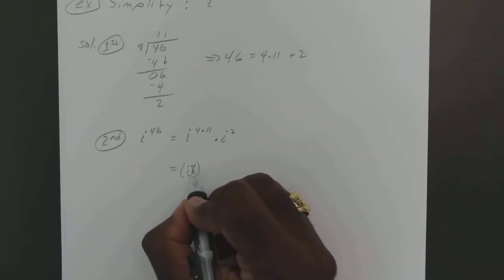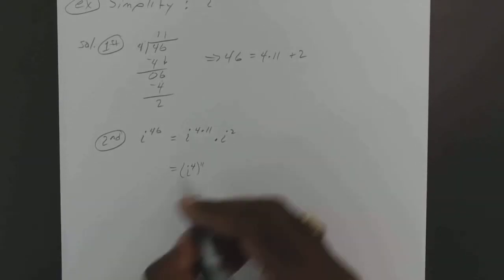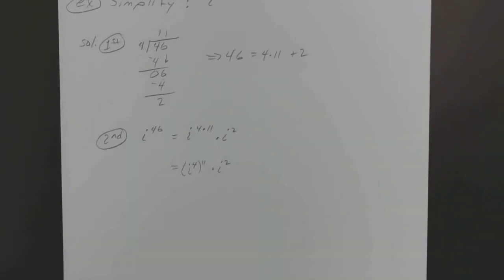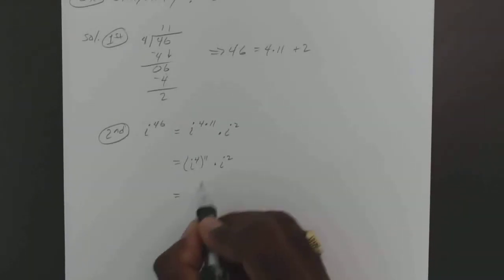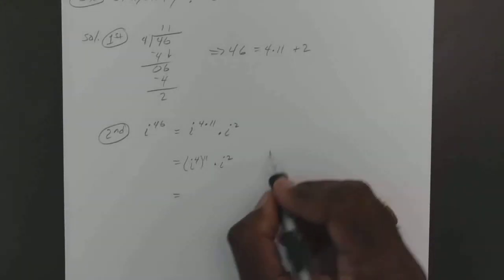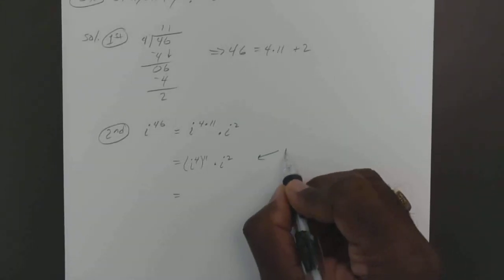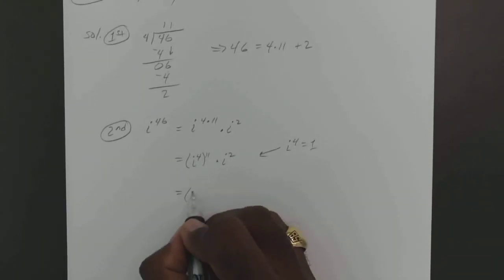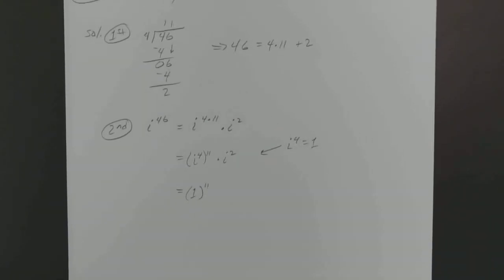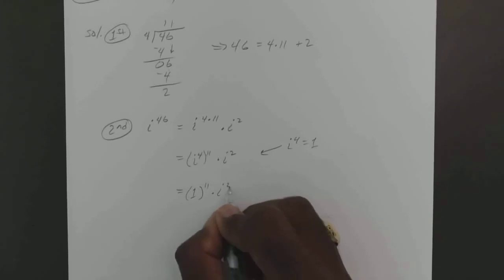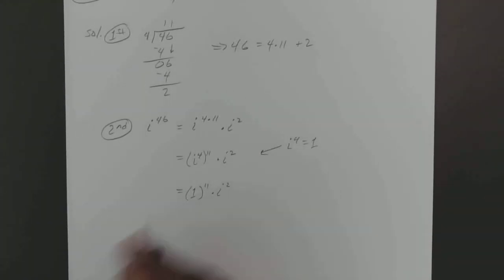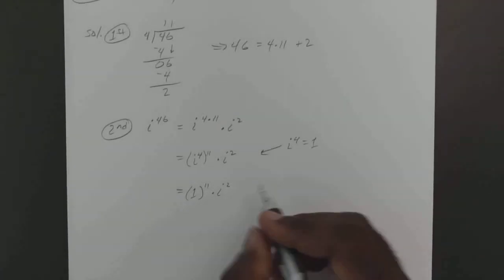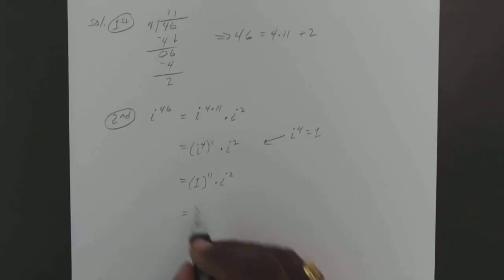We know that this is just going to equal 1, but going through the steps, i to the 4th raised to the 11th power times i squared just gives us 1 to the 11th power, since we know that i to the 4th is equal to 1, times i squared.